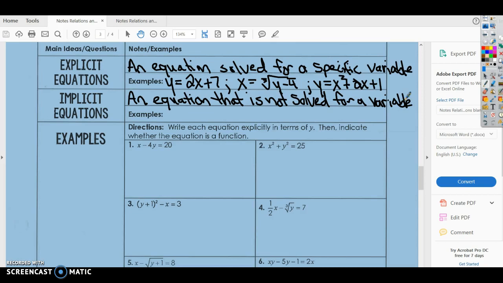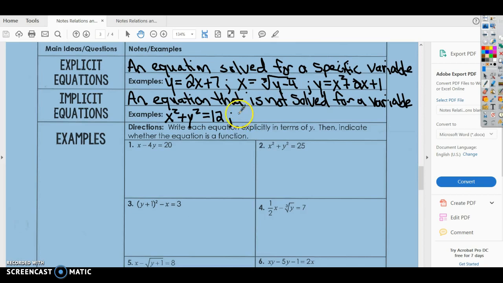An example of an equation that's not solved for a specific variable could be an equation like x squared plus y squared equals 12. Later in the year, you'll learn that that's an equation of a circle, okay? So right now you just need to know it's an implicit equation because it has x and y on the same side.